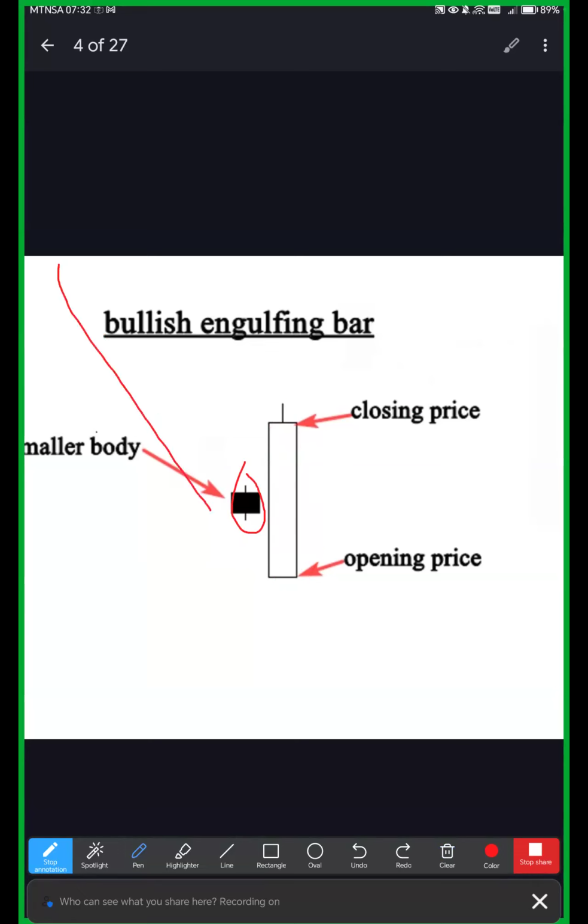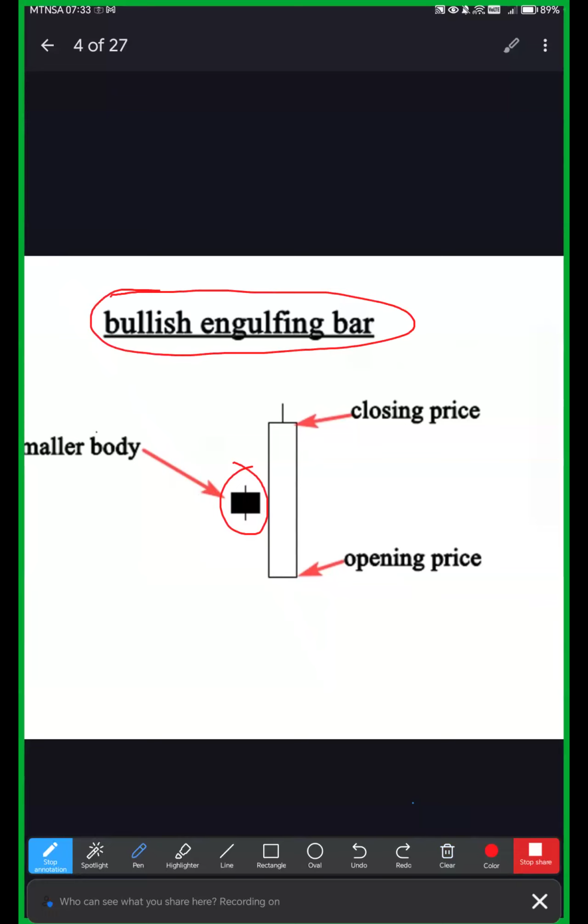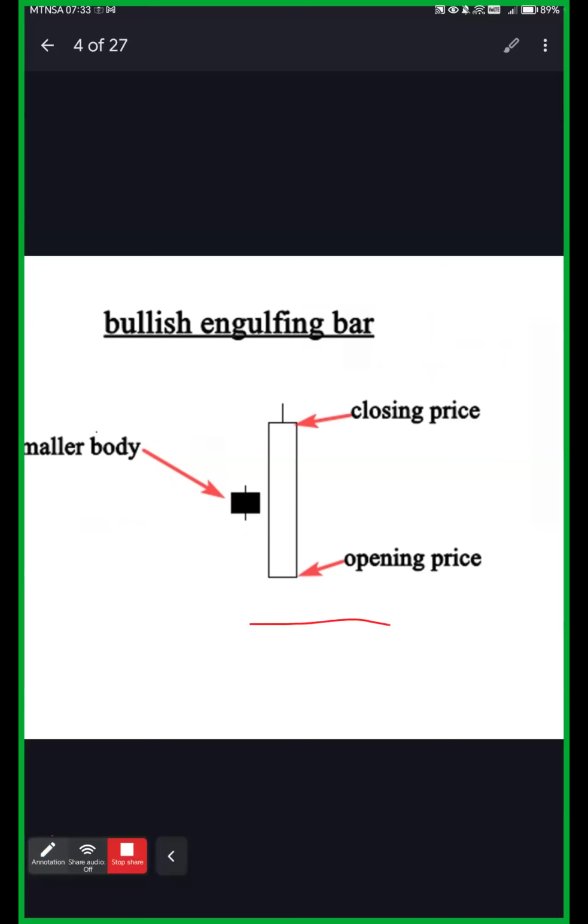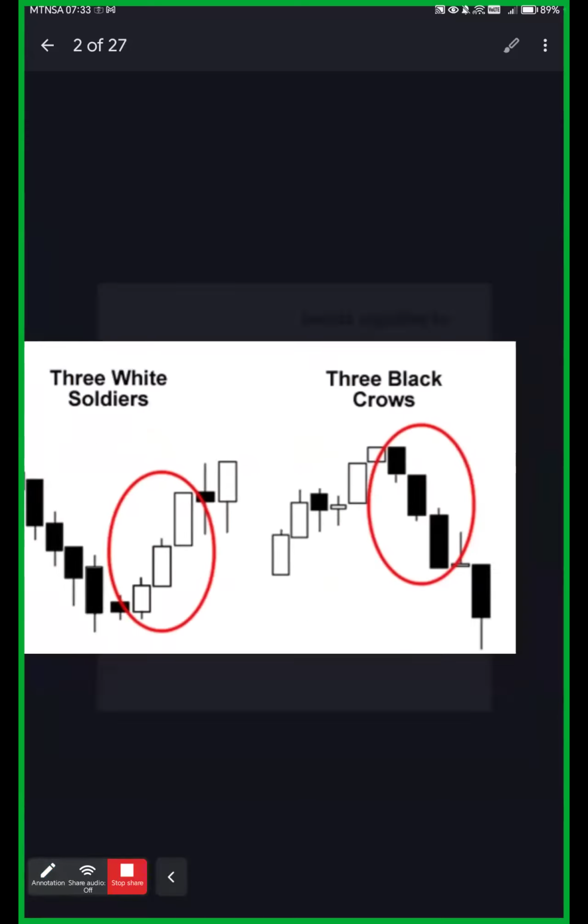It is sellers that are controlling the trend. But when it reaches this level, sellers don't have more energy to continue pressing the price down. As a result, buyers come and defend. Not only defend, they end up swallowing sellers. That's why this is called an engulfing bar. Buyers engulf sellers. Sellers here have been engulfed, swallowed, and we see the market changing direction, going to the upper side.